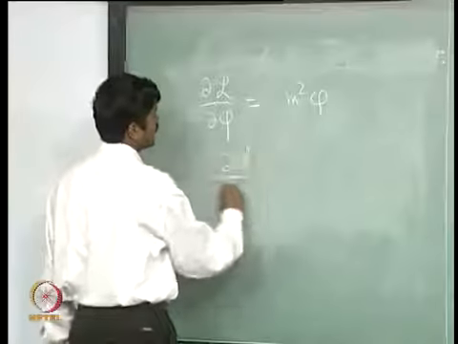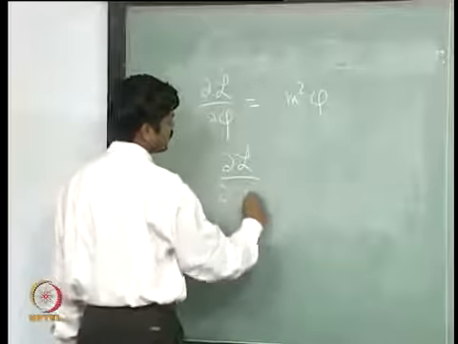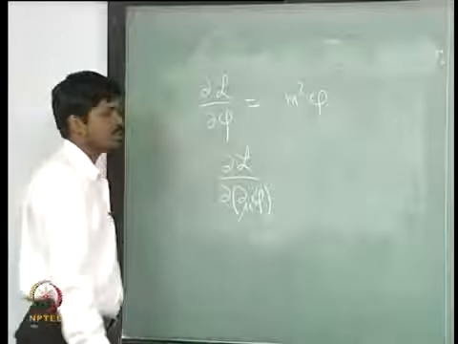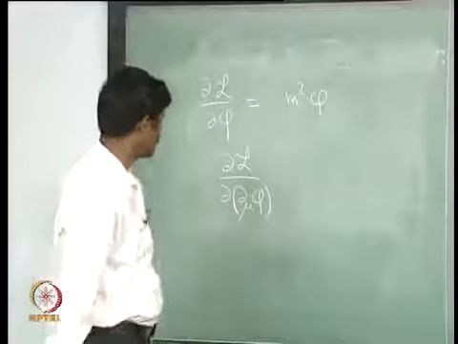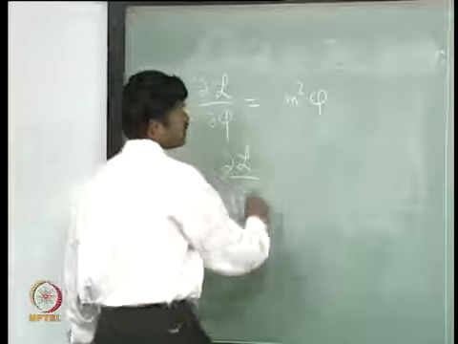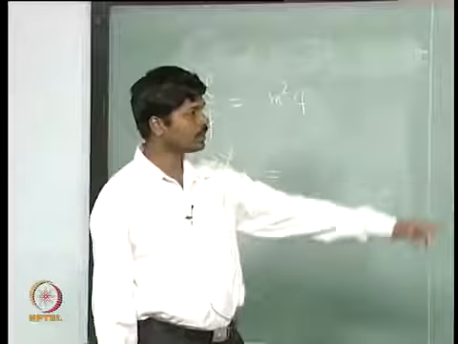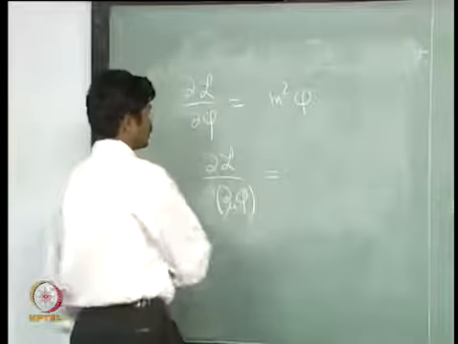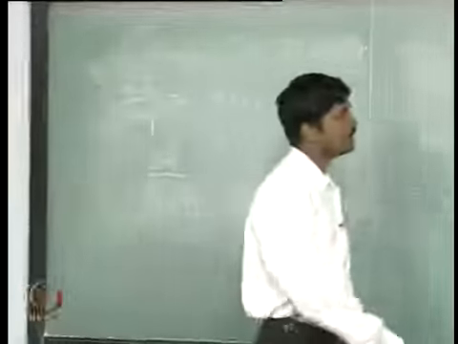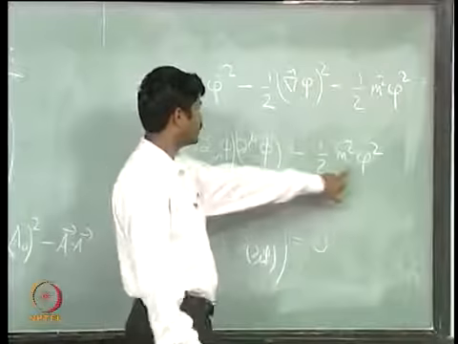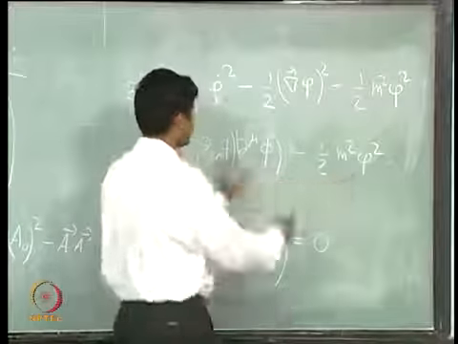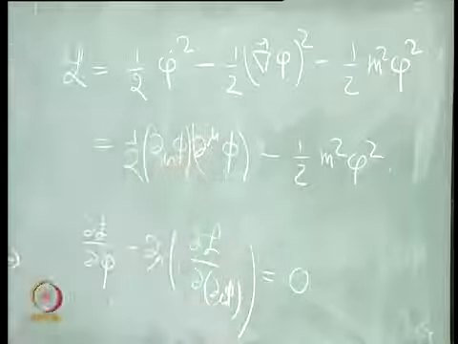And del L over del (del mu phi). So, how will you derive del L over del (del mu phi)? In the Lagrangian, only the first term will contribute. As you can see, this term only depends on del mu phi, this term is independent of del mu phi. So, we will consider this term here only.